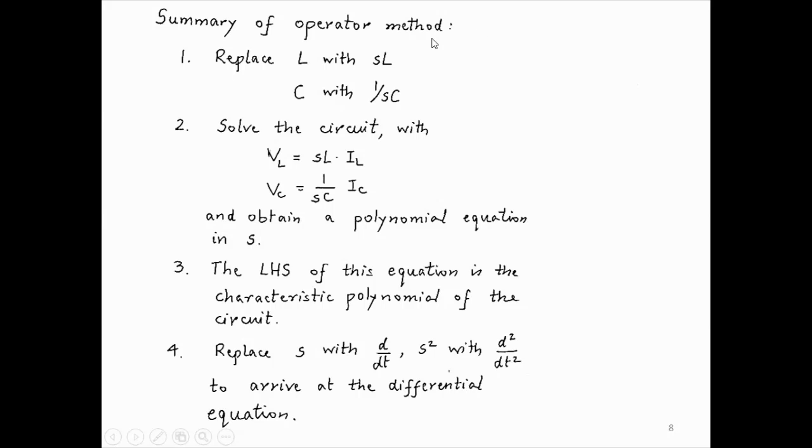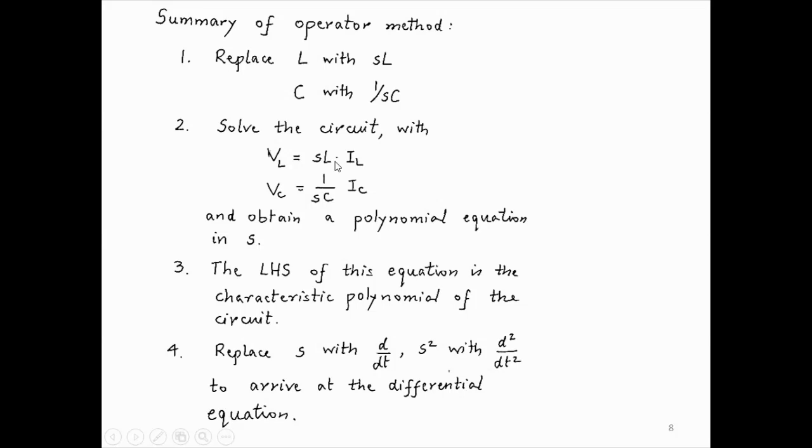Okay, so here is the summary of the operator method. The way we do this is, we replace L with SL, C with 1 by SC, and then we solve the circuit with this IV relationship for the inductor and the capacitor instead of the derivatives.